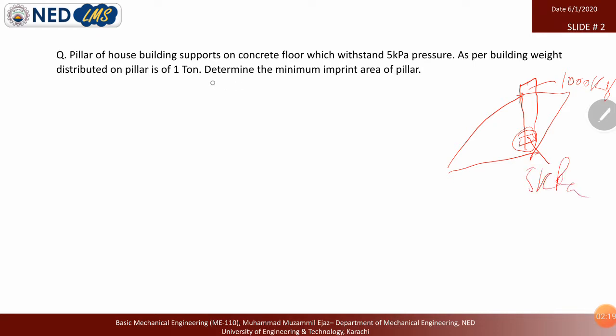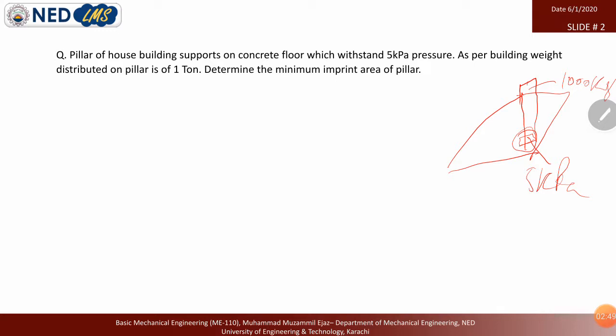So we need to determine the minimum imprint area of the pillar. A larger area can reduce the pressure and we can easily withstand heavy weights, but we need to calculate the minimum area to reduce our pillar weight, pillar quantity, and pillar volume.